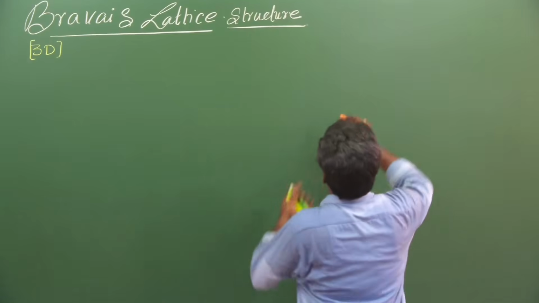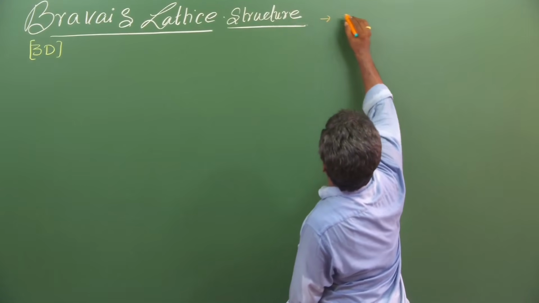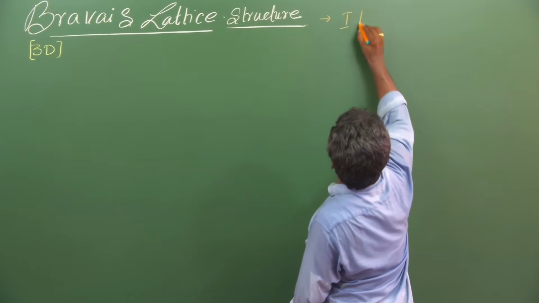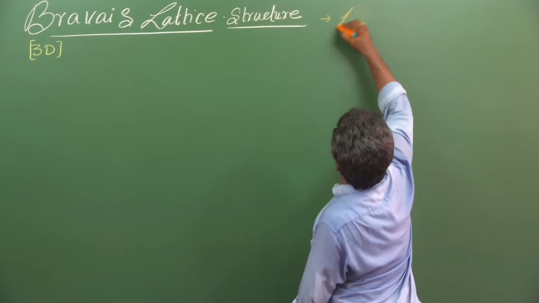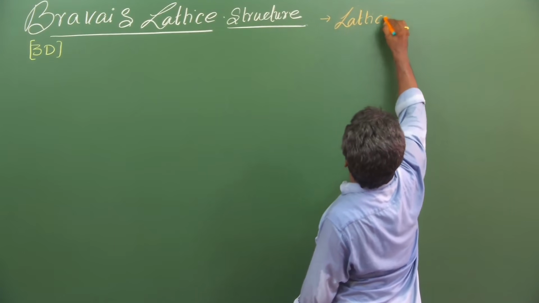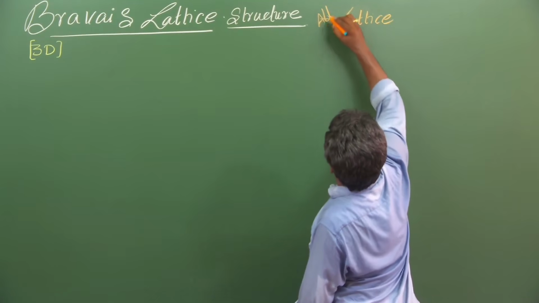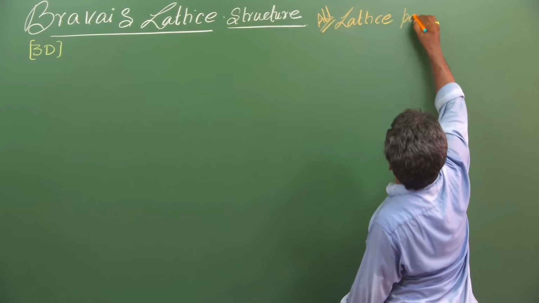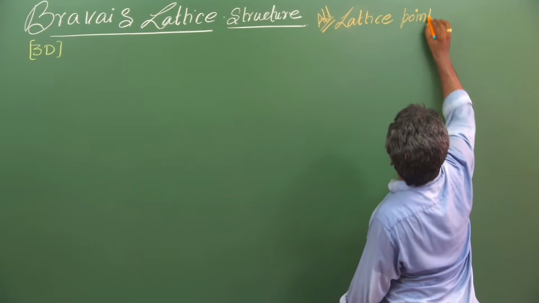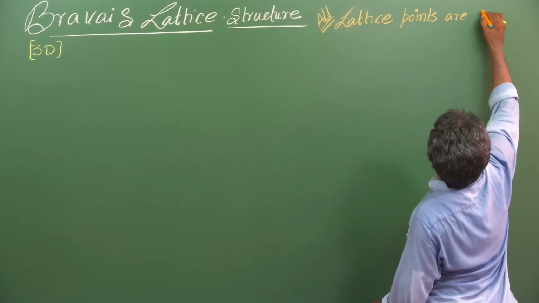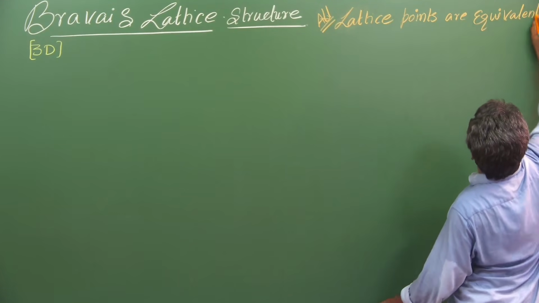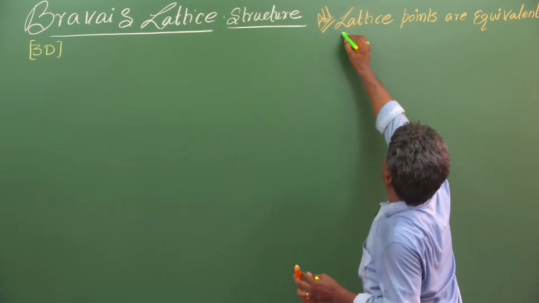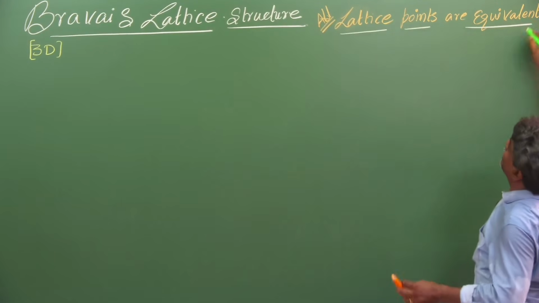We can say lattice points are identical, or all lattice points are equivalent. I think this word is better. All lattice points are equivalent.